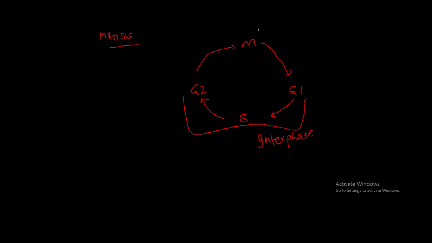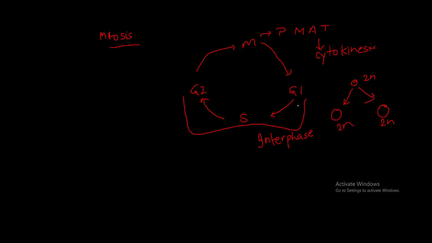And in the mitotic phase, you have the prophase, metaphase, anaphase, then telophase, PMAT basically, followed by the cytokinesis. And from one cell, you are going to have two cells. The number of chromosomes will be the same in these cells.